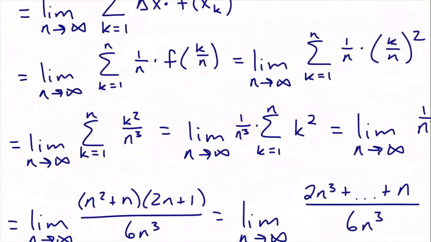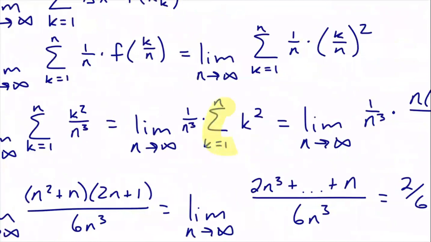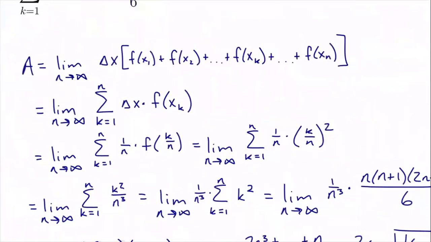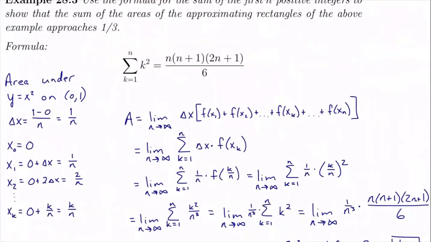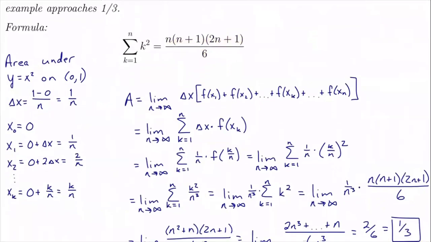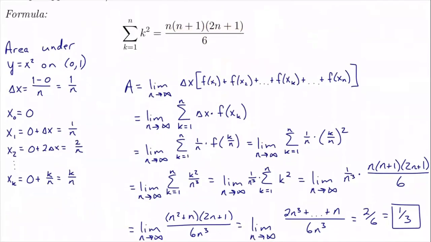And now all we're dealing with is the sum from k equals 1 to n of k squared inside this summation. And this is a point where we can look back and say, oh, we have a formula for that. That thing is equal to n times n plus 1 times 2n plus 1 over 6. Okay, and that's what we'll do. We'll write that in here. This term is swapped out entirely.